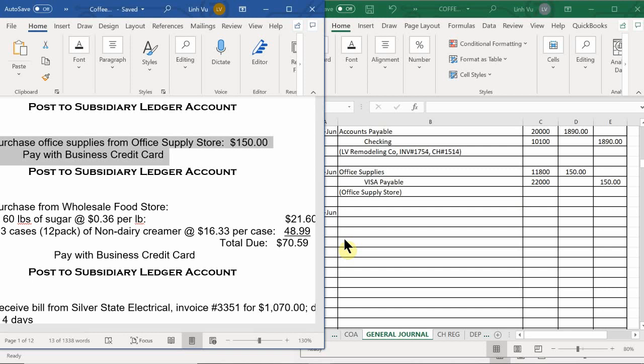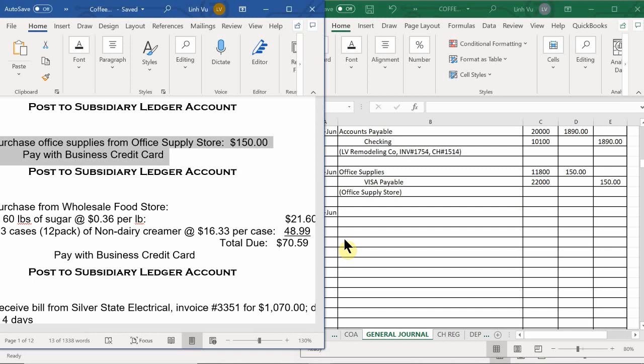It's already figured out right there, so that's $21.60. So we're going to put accounts payable for $21.60. Did I put this on accounts payable? No, we're journalizing it right now. But did I buy this sugar on an account?